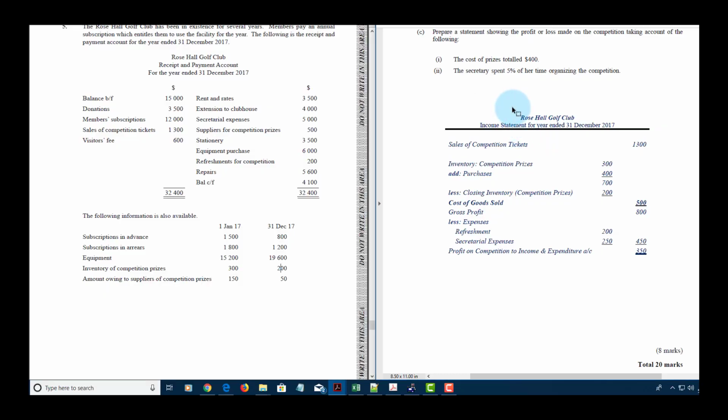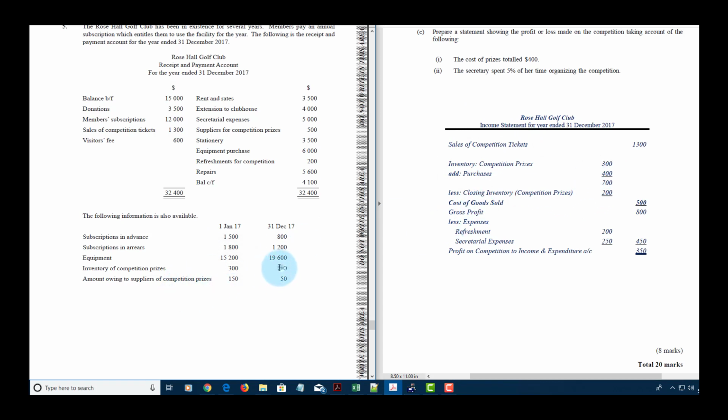Now here's a look at the competition trading account or the income statement for the competition. You start with your sales for the competition, 1,300, as you can see in the receipts and payments on the debit side. We have an opening stock of inventory of 300.